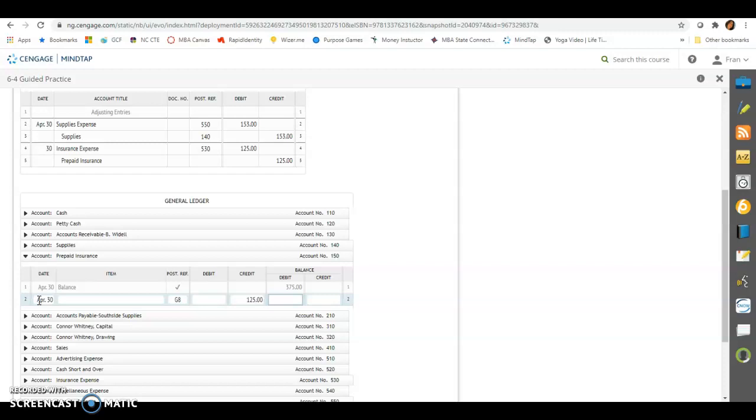So what I have to do is take the $375, subtract that credit of $125, and I will get a debit balance of $250. Okay. So you're always going to be updating this debit balance of an asset. If it's a credit, you'll subtract it. If it's a debit, you'll add it. That's why I really referenced last time debit plus debit, credit plus credit. But if you have a debit and a credit, you have to do a subtraction. All right, so this is account number 150. I place it there.